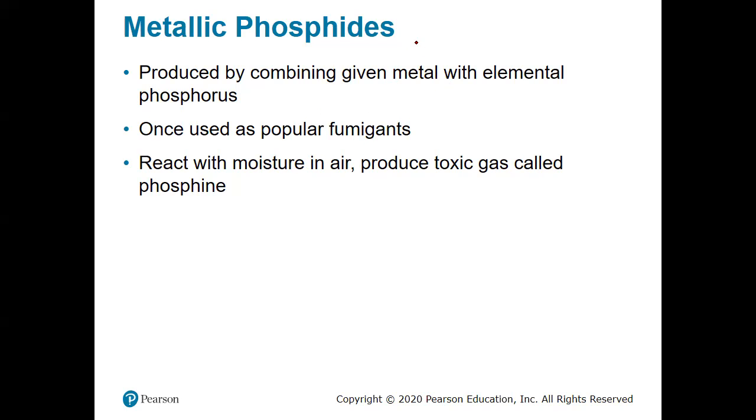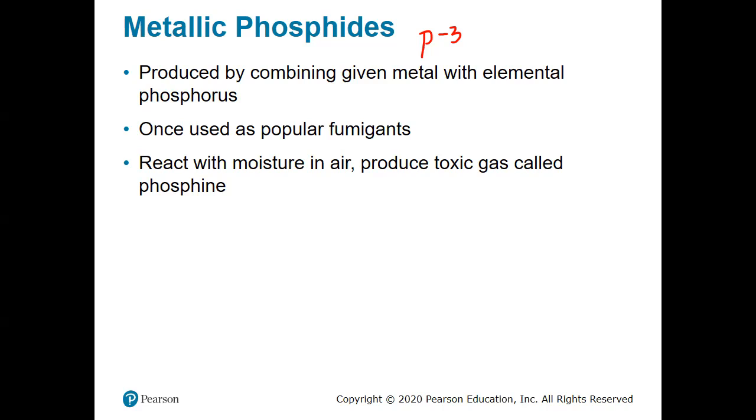Metallic phosphides utilize the phosphide ion being P-3. And so what we see in these are metallic substances that have reacted with elemental phosphorus. These used to be used quite often as fumigants.